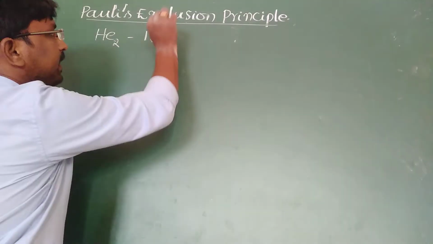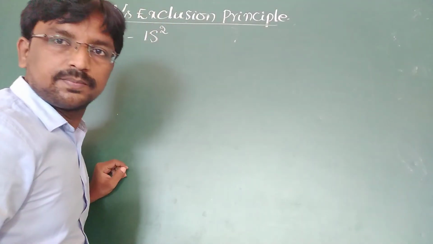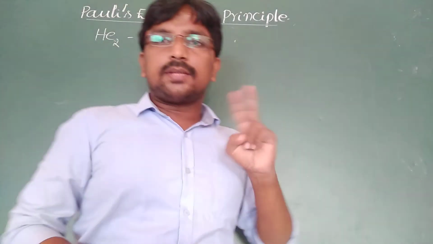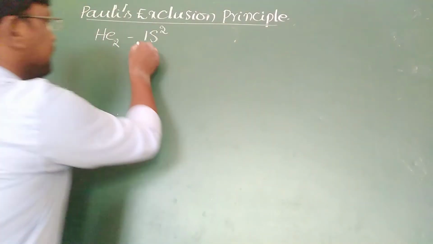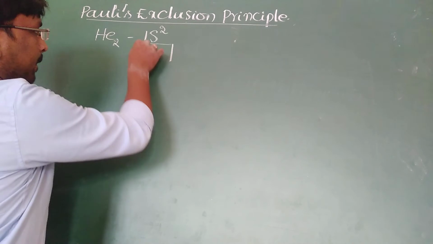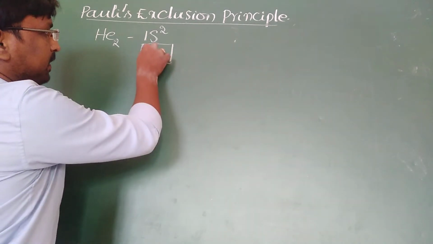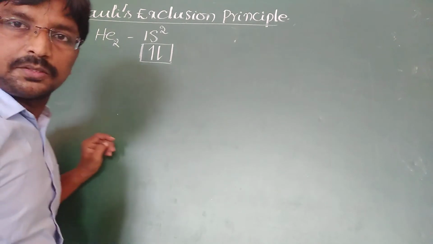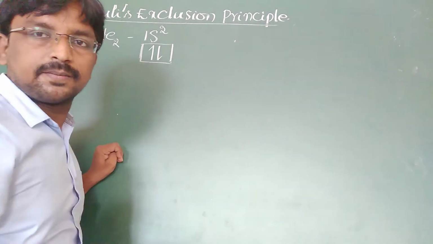That's why its configuration is written as 1s2. The two electrons are present in this orbital and will be represented like this.